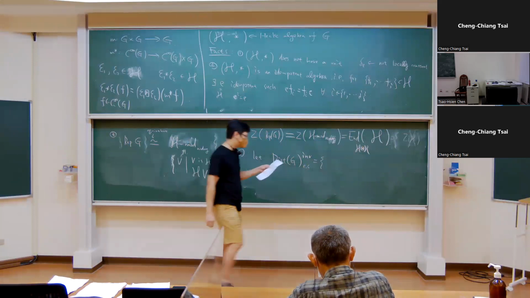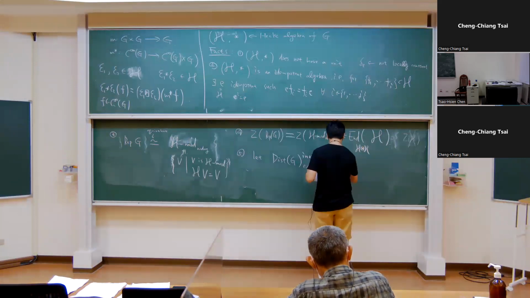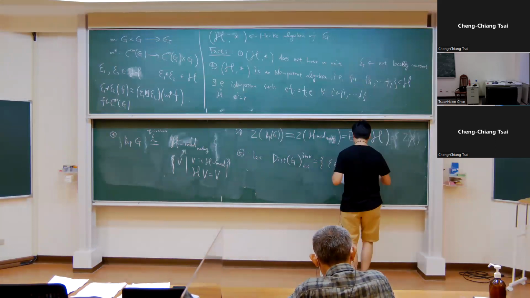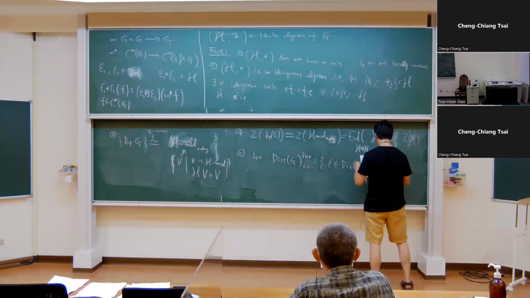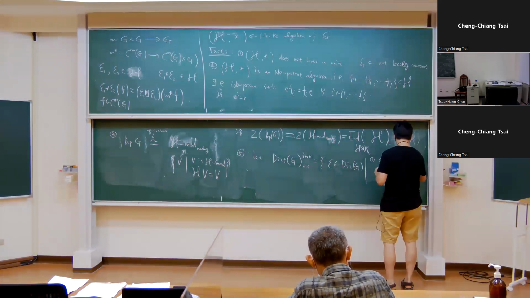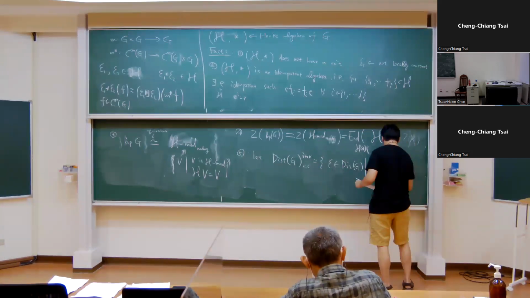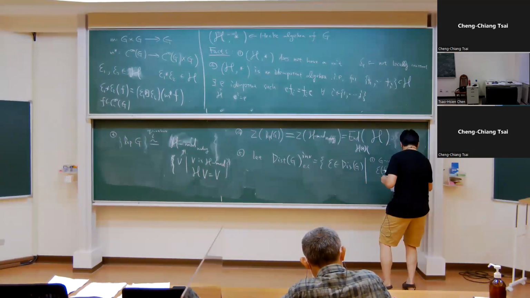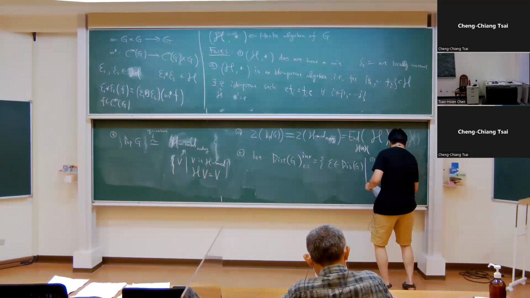So more precisely, it's those distributions on G such that it's conjugation invariant. Namely, F is equal to gF for all g.